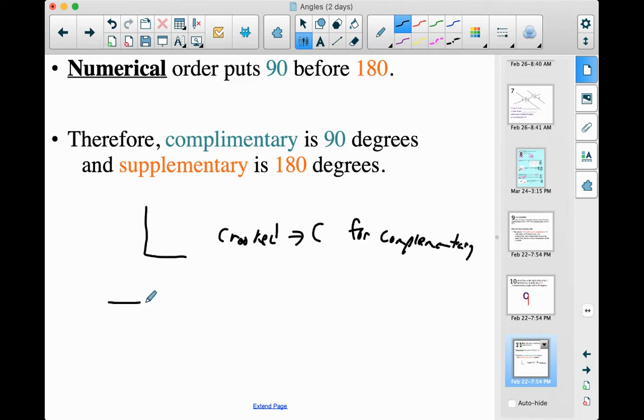A straight line starts with an S. S stands for supplementary. So use that one if you like that better. That is how I learned it in school.